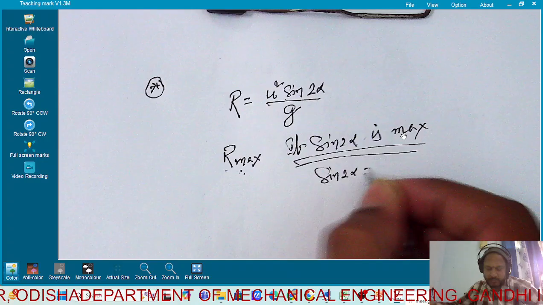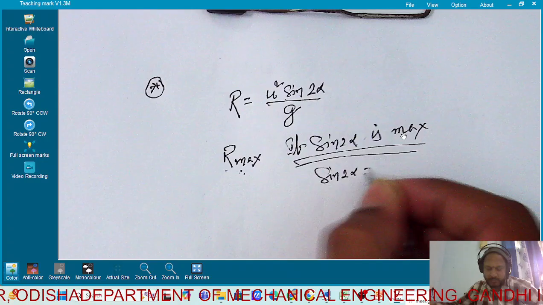Always remember that if I throw any object at exactly a 45-degree angle, then you can reach the maximum range. Understood? Yes, sir. So alpha is 45. Now let us find the formula for R max.